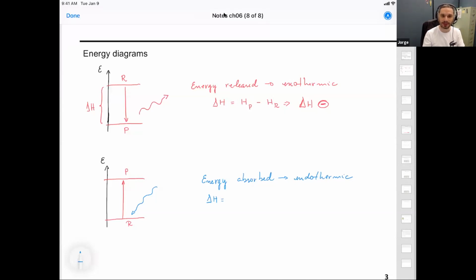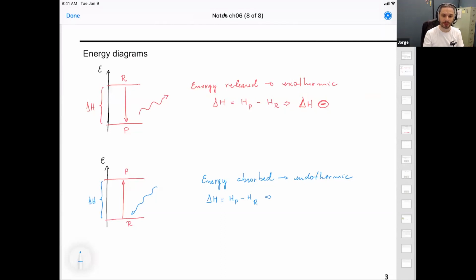Delta H is simply the energy difference between products and reagents.